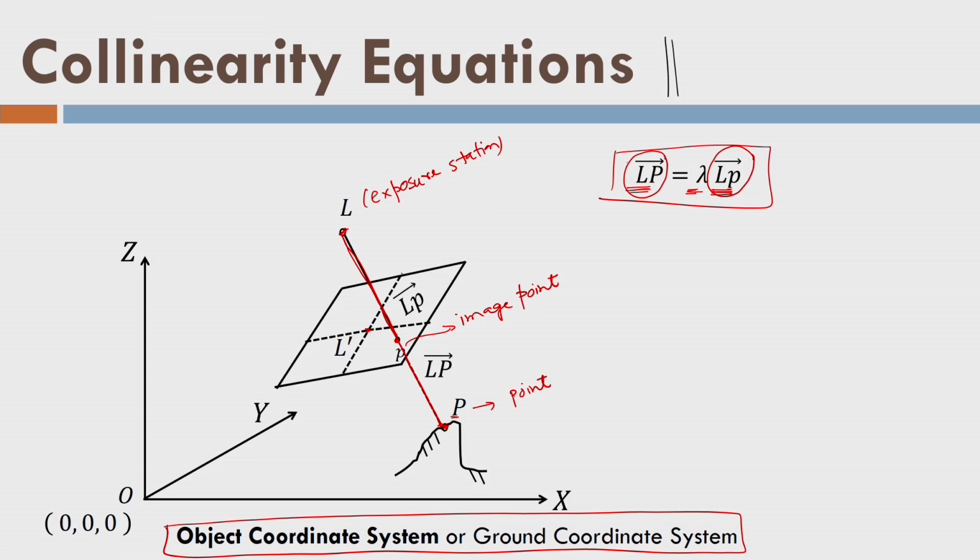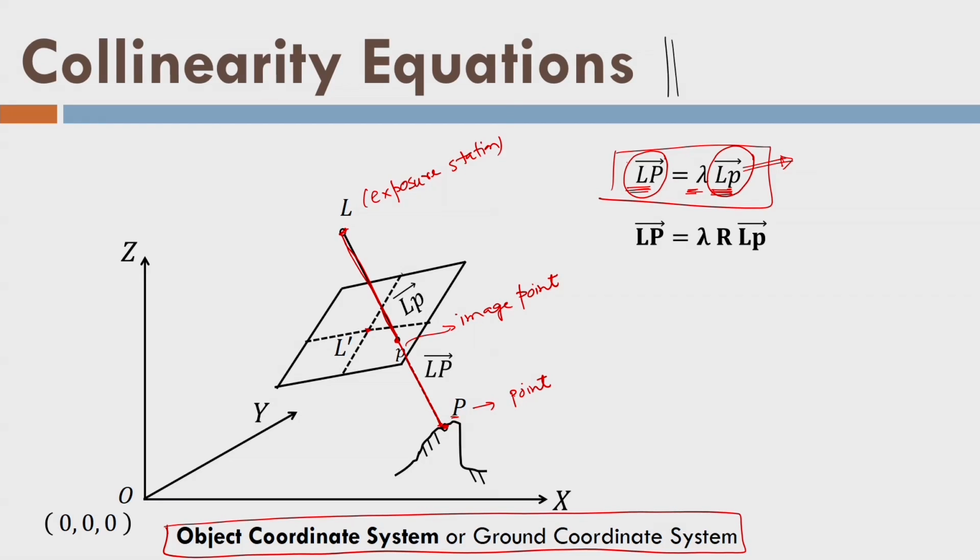So if I bring lp into the object coordinate system, then I need some kind of rotation, what we call conformal transformation, that we have already done before in module 2. So if I write like that, the scale is still there and I need to rotate lp by R. R is the rotation matrix. So it is representing the collinearity equation only, where R is the rotation matrix, so that both this LP and this lp are in the same coordinate system.